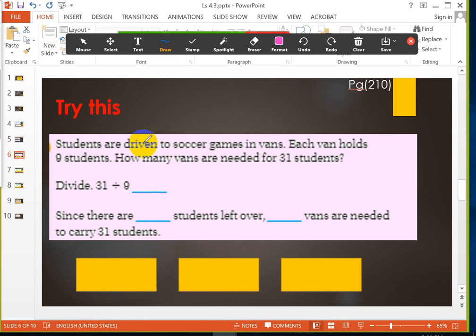Students are driving to soccer games in vans. So I have students, they want to go to a soccer game, football game, and they will go with vans. Each van holds 9 students.